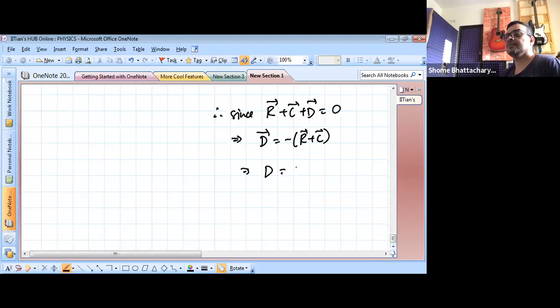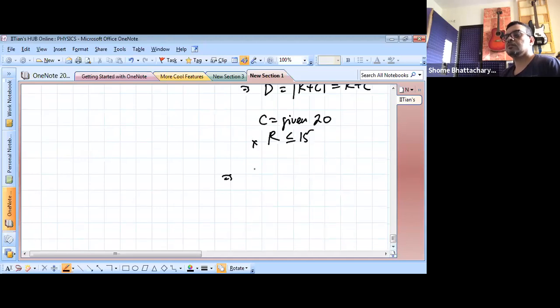So D's magnitude is equal to the magnitude of R plus C, which would be less than or equal to the magnitude of R plus the magnitude of C. And this C is given as 20, whereas R we don't know, but we know that it is less than or equal to 15. That means D should be less than or equal to 15 plus 20.